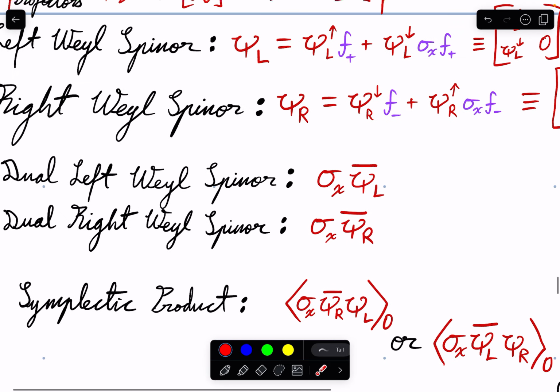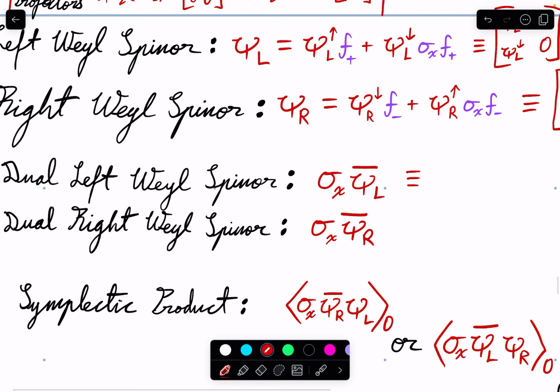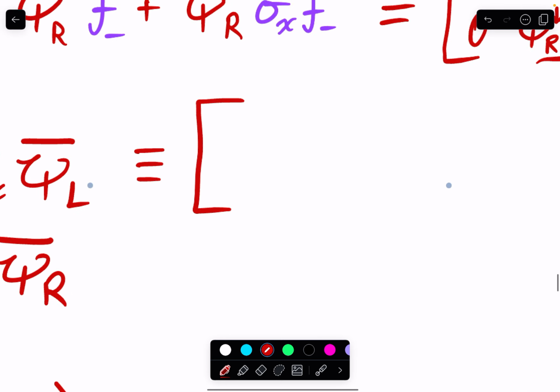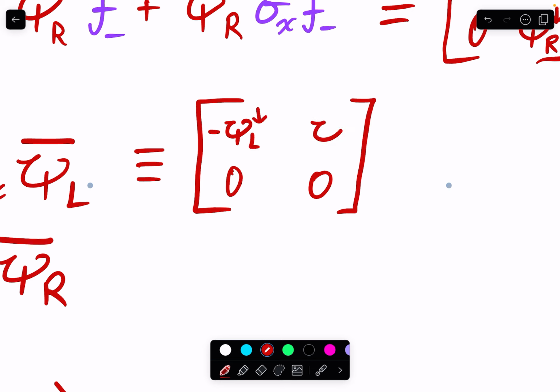Then you also get what are called dual left Weyl spinors through this geometric operation. I'm not going to derive it, I'm just giving it here. This has a matrix representation like this, where you have negative spin down left, and then spin up left.